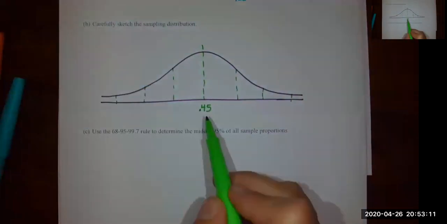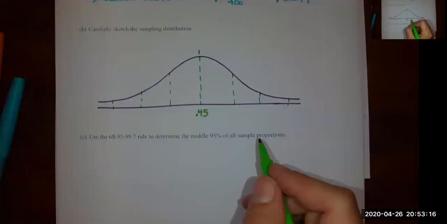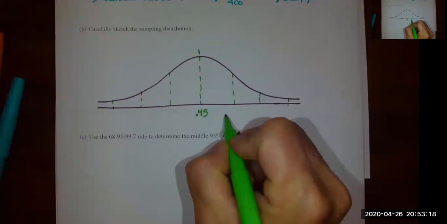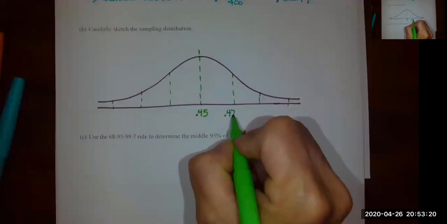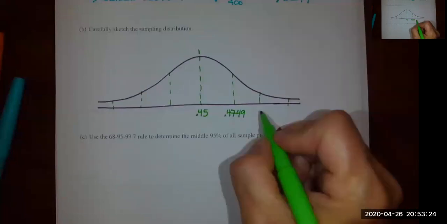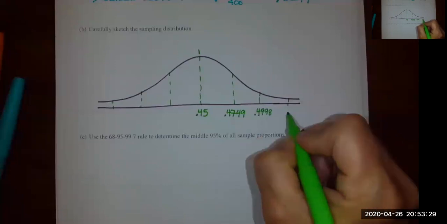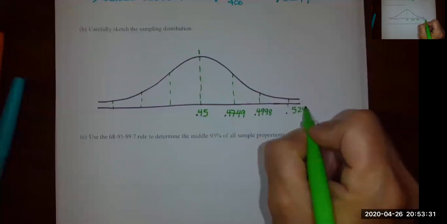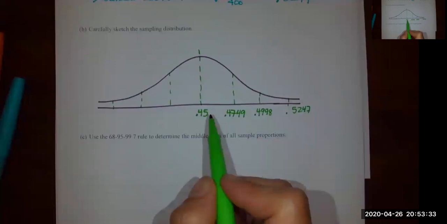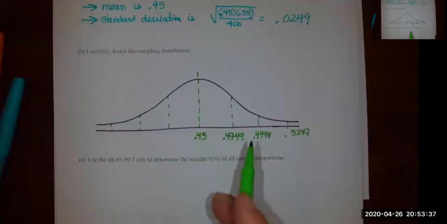We add on 0.45 plus 0.0249, which gives us 0.4749, and if you add 0.0249 to that, 0.4998 and 0.5247.